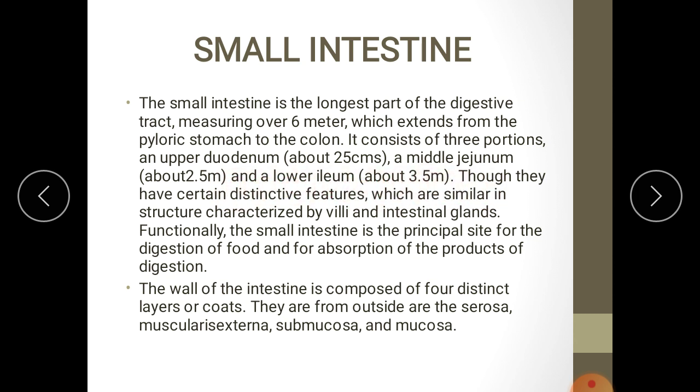Though they have certain distinctive features which are similar in structure, characterized by villi and intestinal glands, functionally the small intestine is the principal site for the digestion of food and for absorption of the products of digestion.